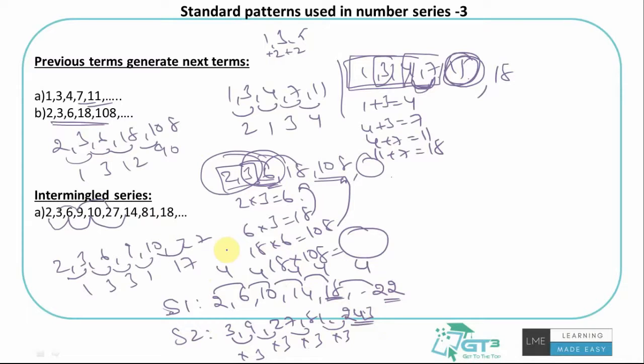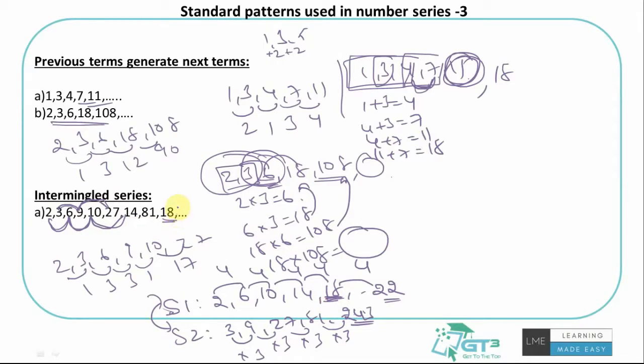So the basic thing is that I have to split into multiple series. It would generally be seen in the alternate terms. This 6, 10, this another series will be 3, 9, 27, and then you'll see some logic that we have discussed till now, based on which you can build the next terms of those series, and then you have to combine these series. So see, what is the last term here? 18, which is part of the first series.